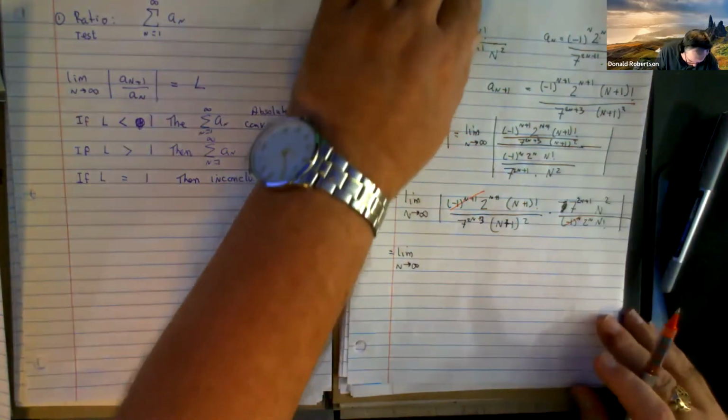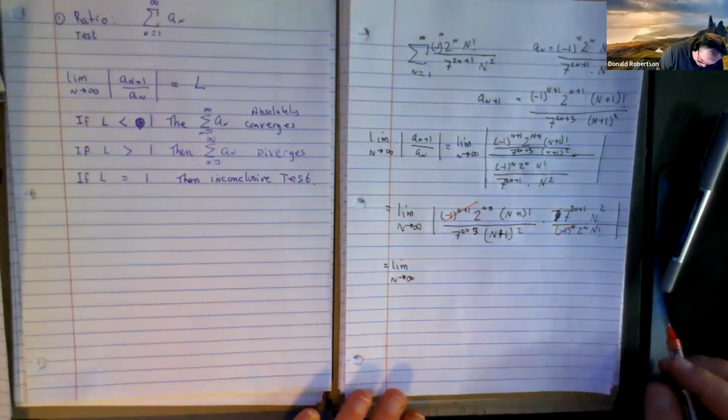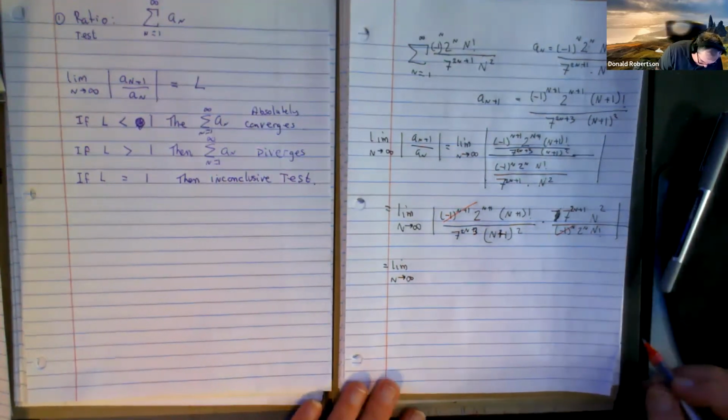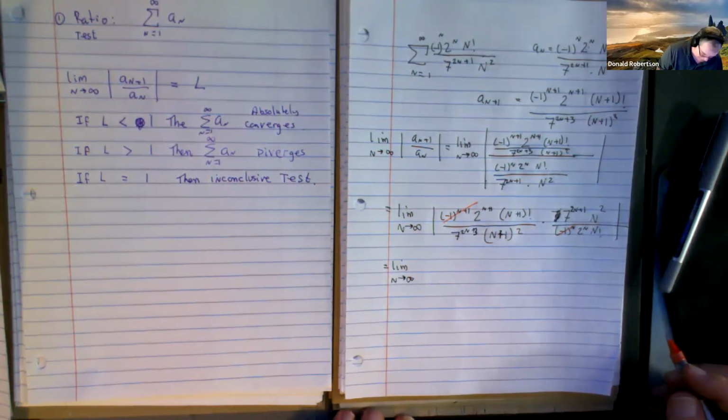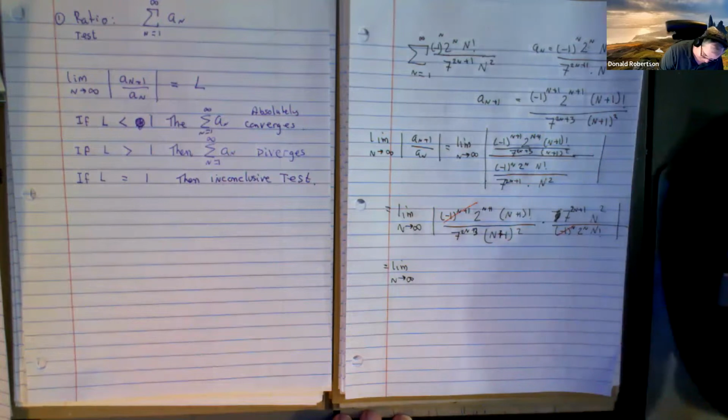Okay, time to start picking guys in the top and bottom that cancel. Who you got this time? Somebody in the top cancels with somebody in the bottom, and there's lots to choose from.